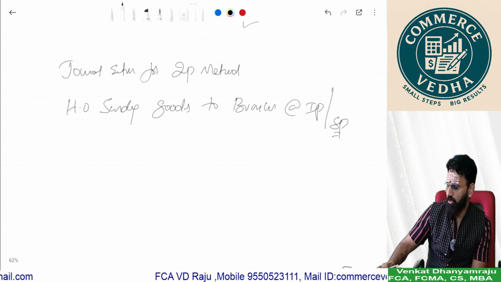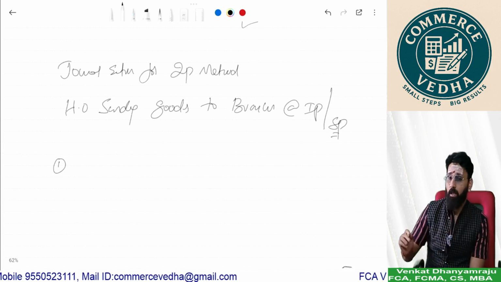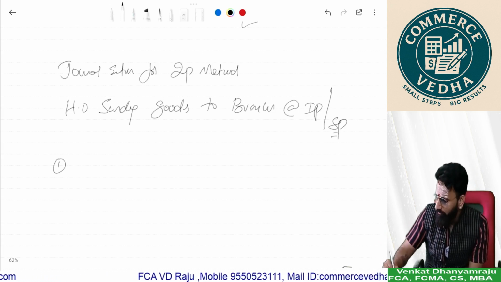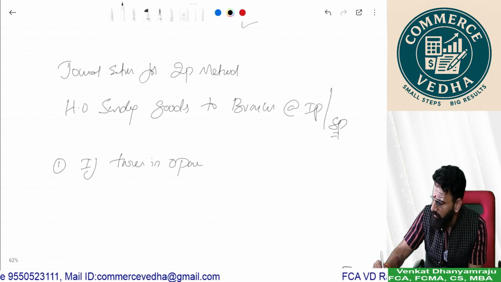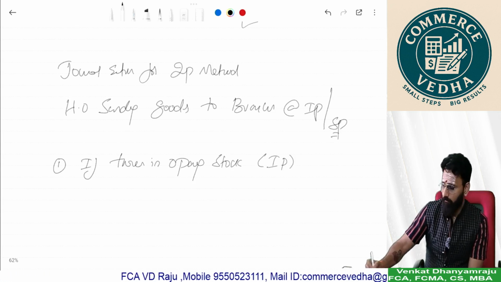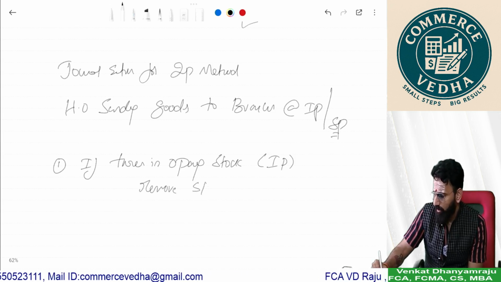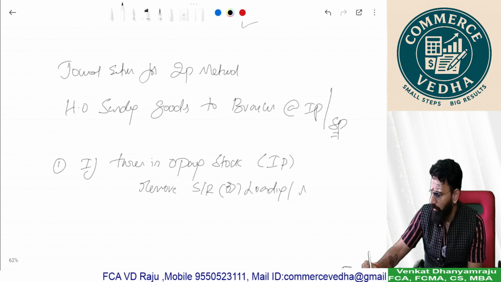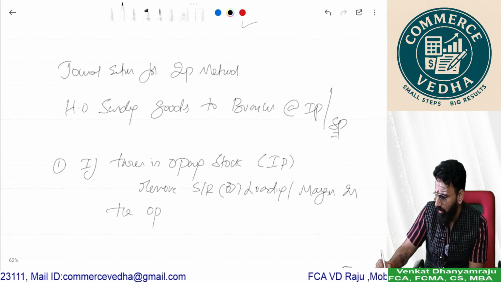Now the very first entry shall be, I am not considering opening balances. Suppose there is opening stock. It is at invoice price, so we should remove the stock reserve or loading or margin in the opening stock.